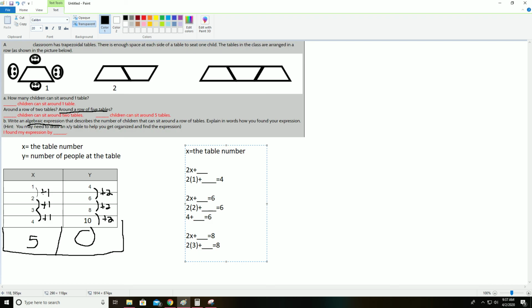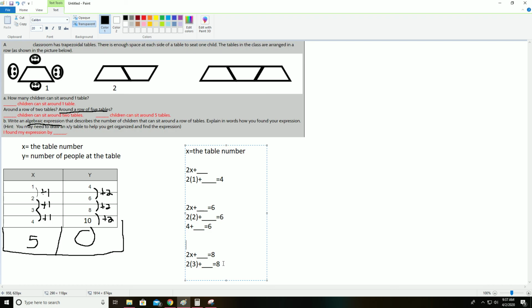Now, easier than this, but Mr. Smith has pretty much showed you how to get to the answer. But I want you to figure out what goes in this blank on each one of these. That is going to be your expression.